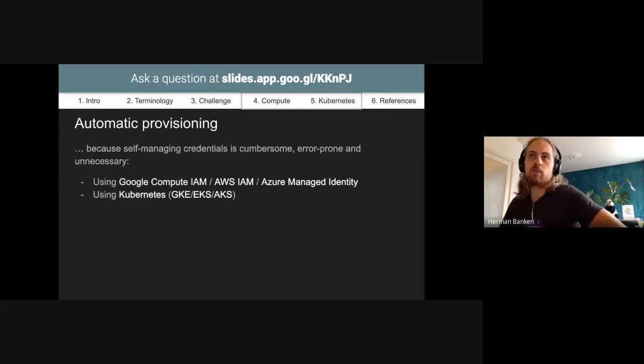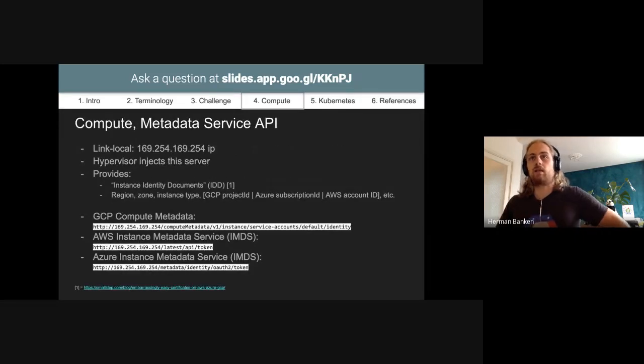So the next part is about that automatic provisioning using compute and Kubernetes, because you don't want to do it manually. In Google Compute, AWS Compute, and Azure, you have something that is called the metadata API service. It's a funny thing because it is available at an IP address which you might know is in the link local range. So it's not a thing that you can route traffic to.